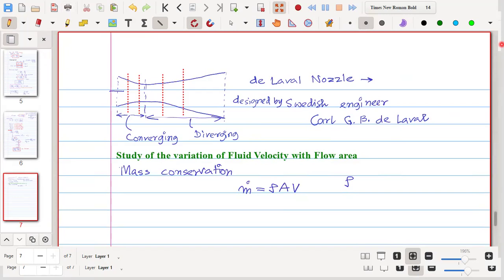Okay. So therefore rho is equal to density. So I can write here mass flow rate at any section.